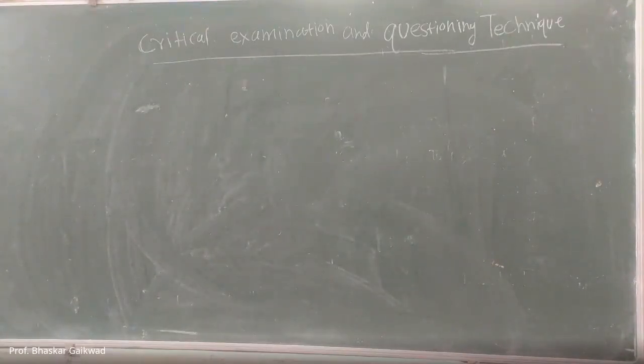We have to analyze it, separate it, and provide some alternative, which will form the base for selection and development of an improved method. So what is the main aim of critical examination? Study of the existing technique, separating all these things, and forming the base for selection or development of improved methods.